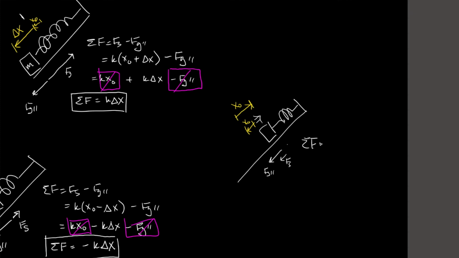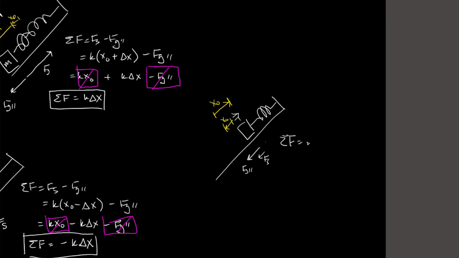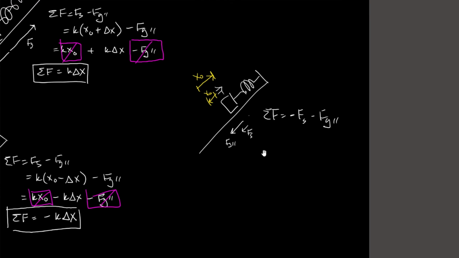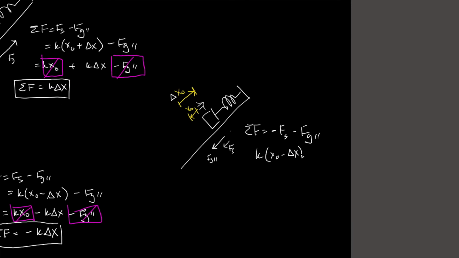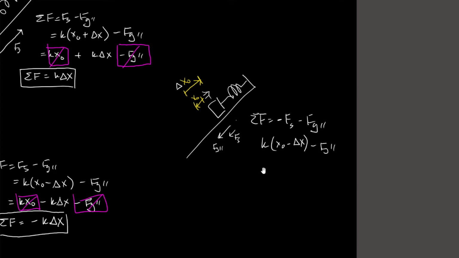And our net force is then negative Fs, since it's in the downward direction, minus Fg parallel. Or k times x naught minus delta x. Now this term will actually be negative since delta x is larger than x naught, so we move this negative to here, minus Fg parallel.